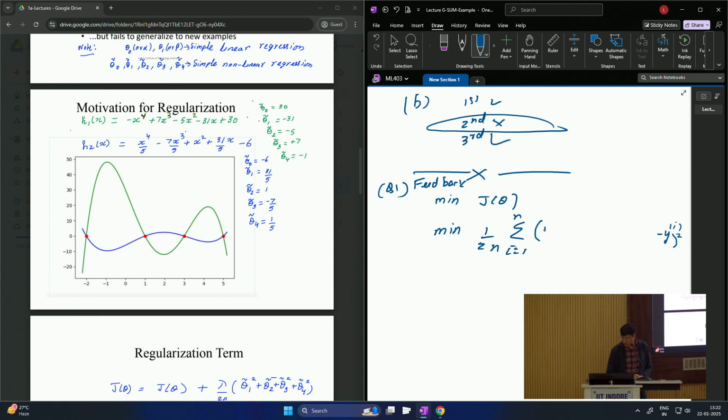Let's say I was doing theta naught plus theta 1 tilde x and then plus theta 2 tilde xi square.